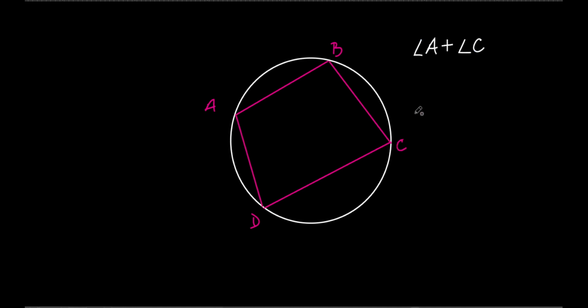C, your opposite, equals 180. Or I could say what else? What's another way I could do this? Angle B plus angle D is also equal to 180 degrees. Everybody see that? All right, so this angle and this angle are supplementary. This one up here and this one down here are supplementary, which means they add up to 180.